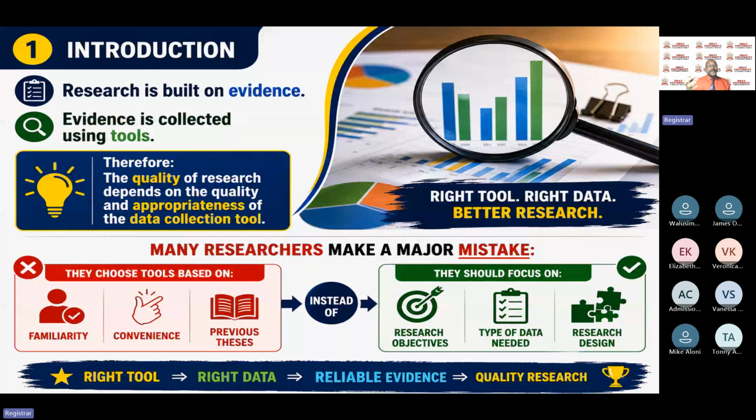So I want to highlight the word evidence, because evidence is always truthful. No faking up in that. It is the truthful thing. To get the truthful thing, you need some tools. There are many tools available, but the right and appropriate data collection tool is specific to each research, each scenario.